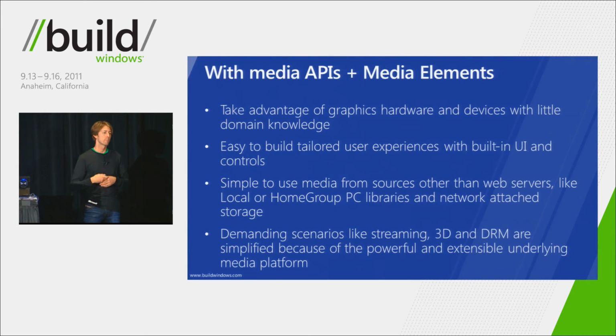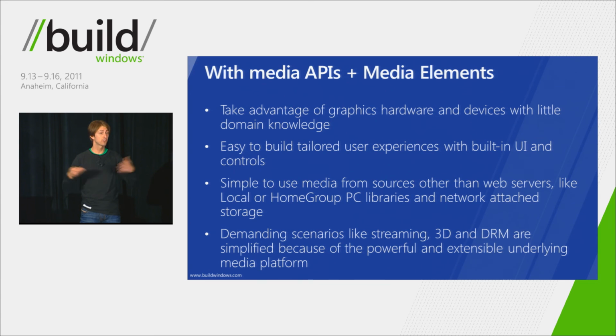So we talked about some key things that distinguish your Metro-style applications on Windows from a media perspective, taking advantage of graphics, hardware, and devices without knowing anything about them. You don't have to worry about the details. It's easy to build experiences when you use default controls and UI. It takes on the look and feel of Windows. You don't have to do a whole lot of work.